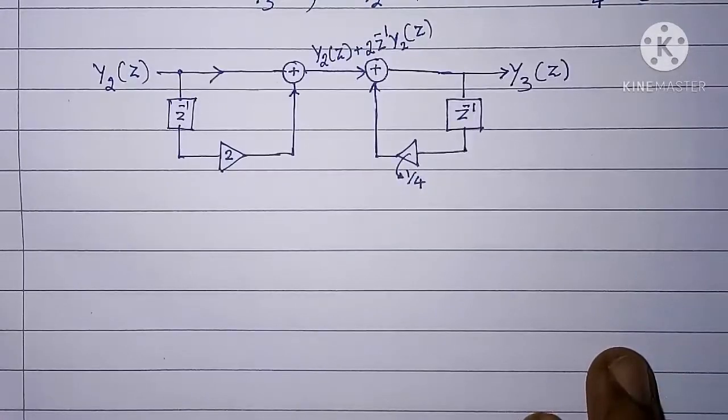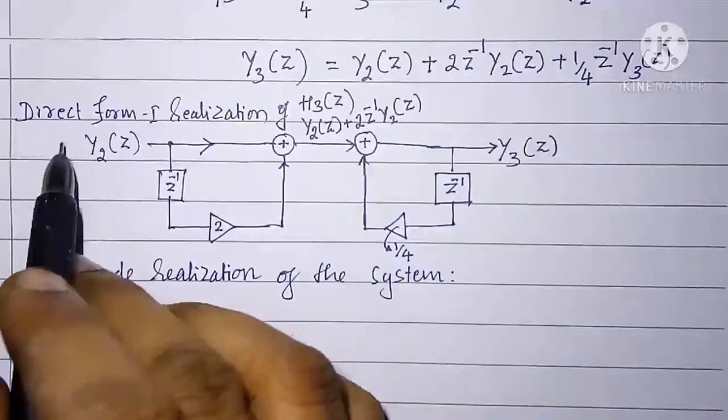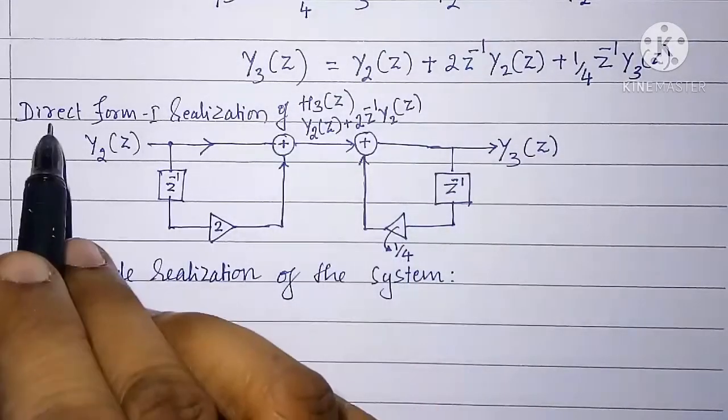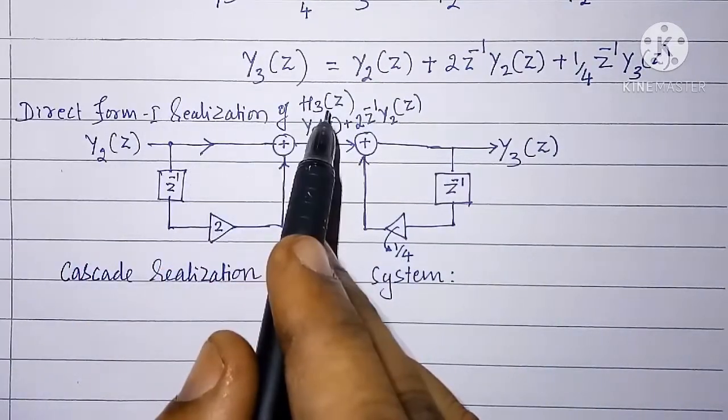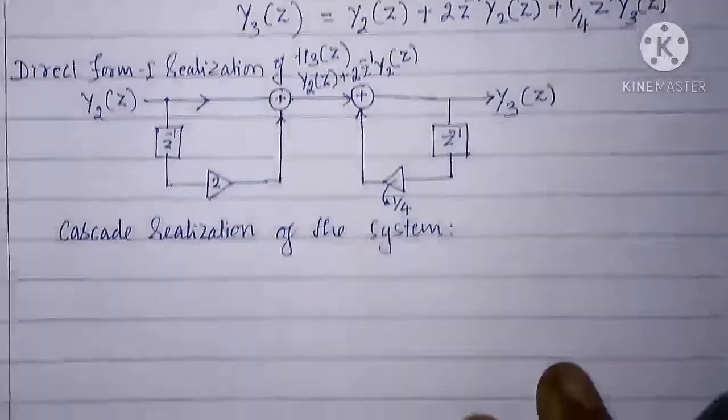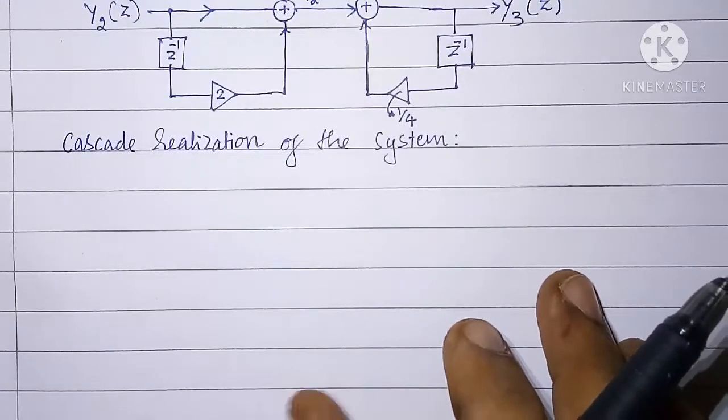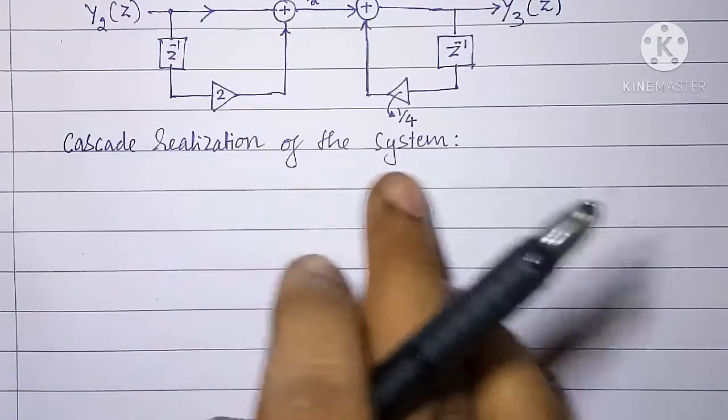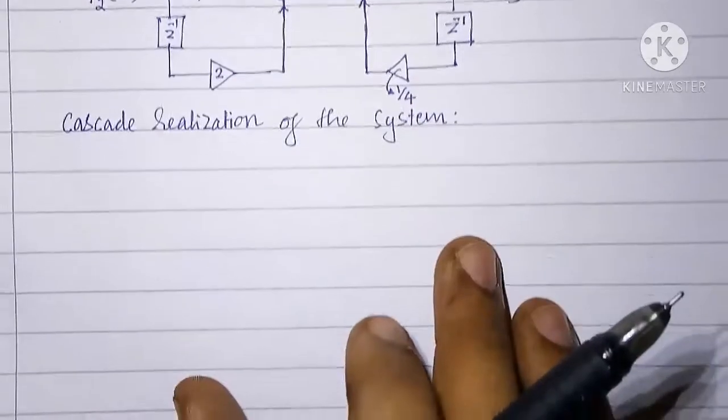Let us do that now here. For this diagram you write here direct form 1 realization of h3 of z, and below that we will show cascade realization of the system.